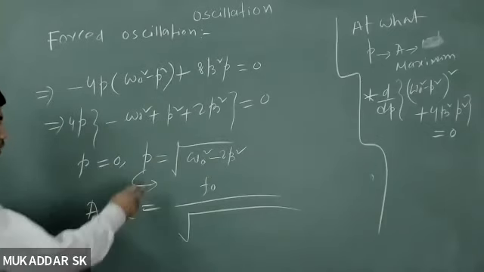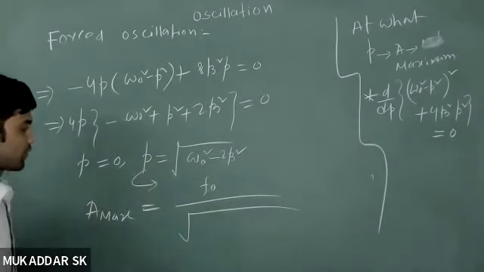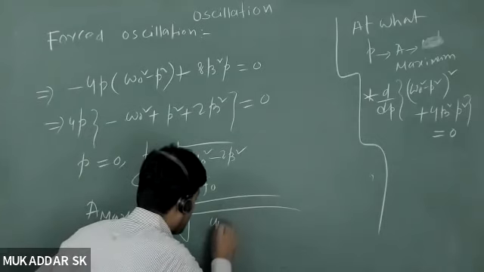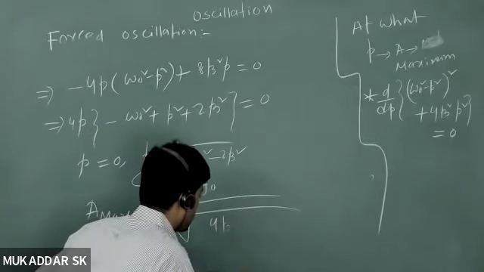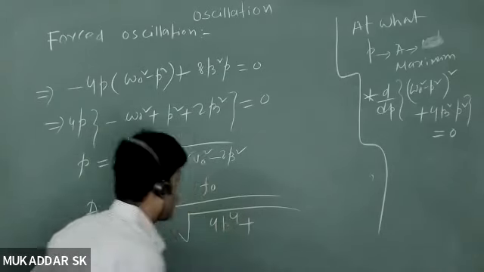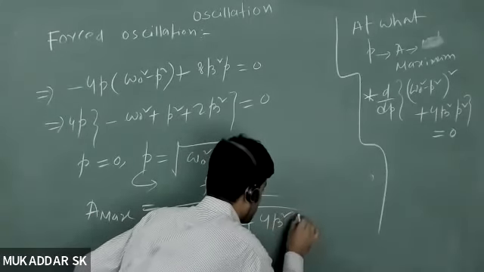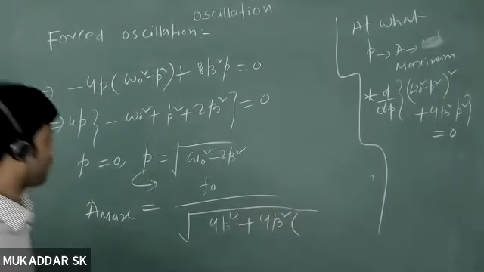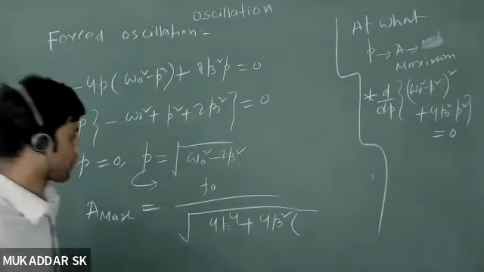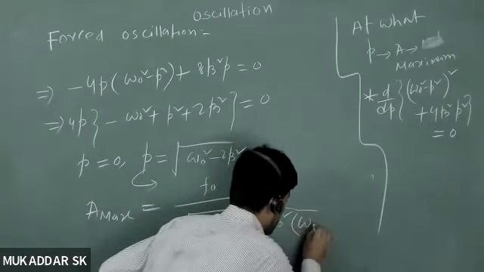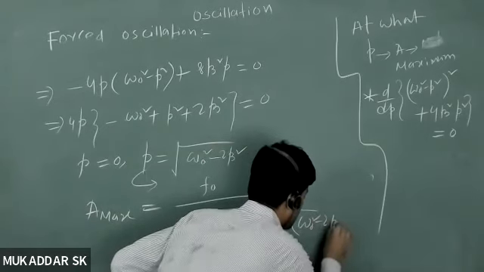If you substitute in place of p like this, you will get 4 beta to the power 4, and you have 4 beta square, and in place of p square I'll substitute omega naught square minus 2 beta square.